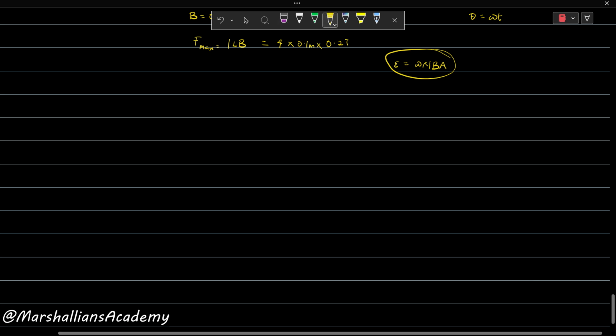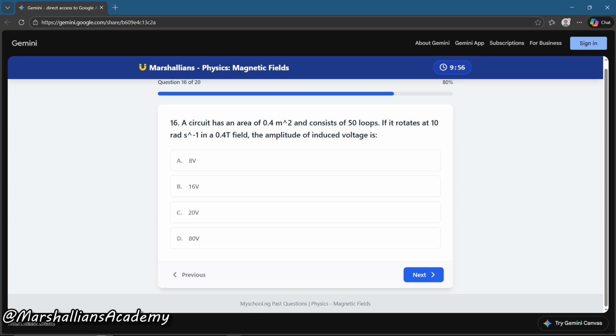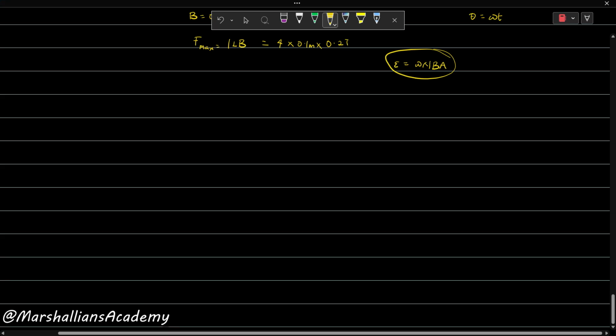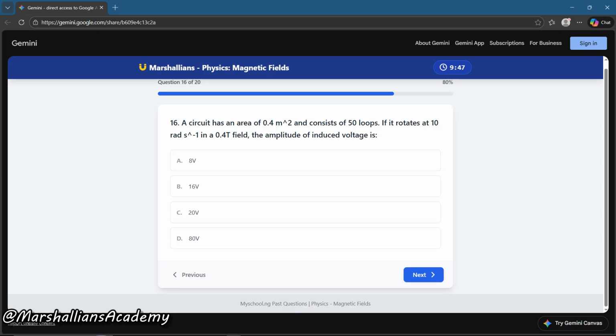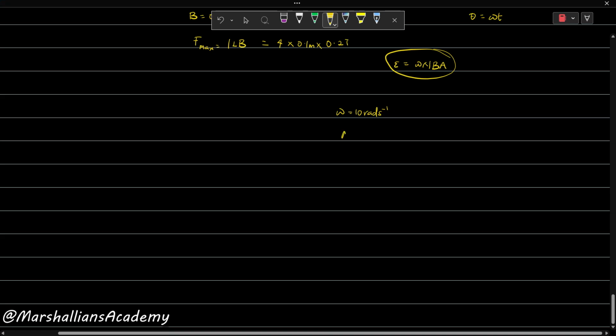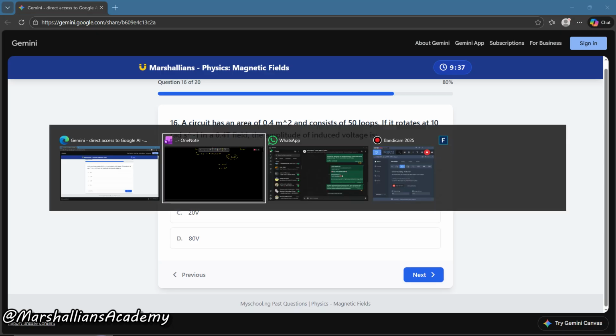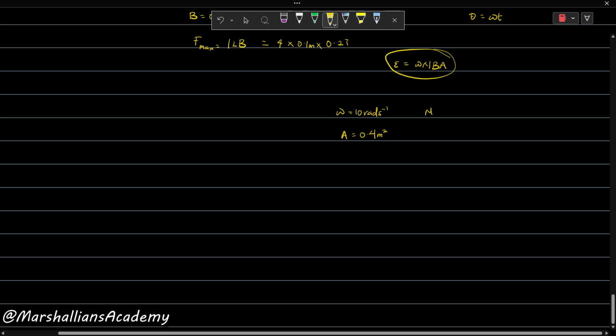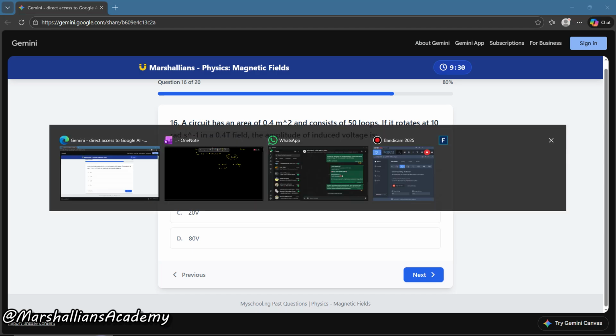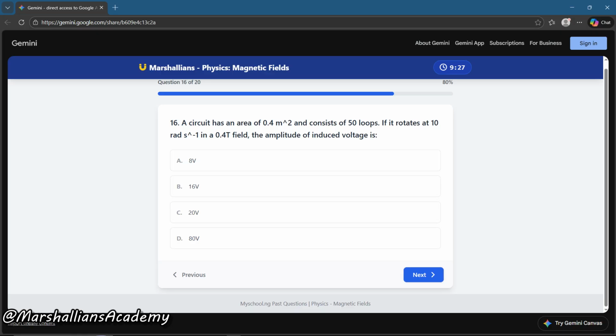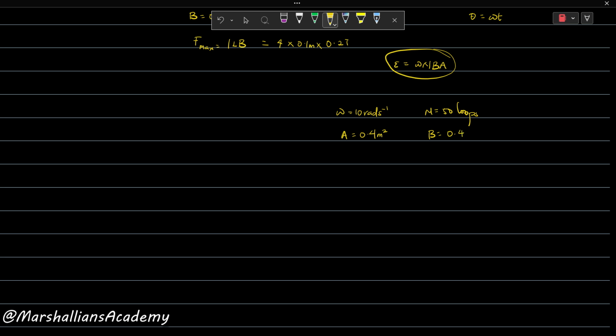So if I use that formula, they've given us omega to be 10 radian per second. They've given us area to be 0.4 meters squared. They've given us number of loops, n, to be 50. And they've given us magnetic field or flux density to be 0.4 Tesla.